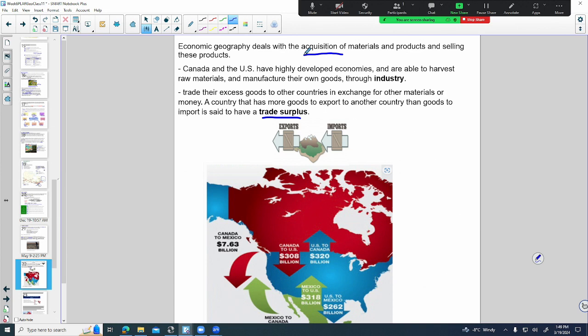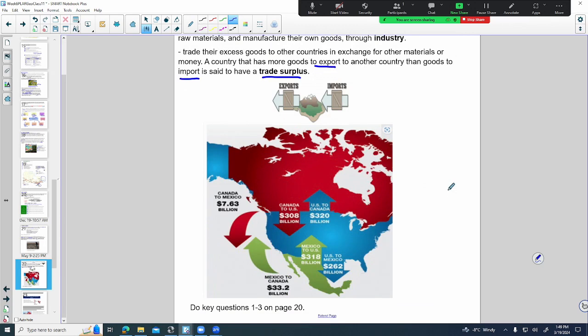So if you have a country that has more goods to export, or to go out of the country, than goods that are imported, so stuff that's coming into the country, then that country is said to have a trade surplus. So here's an example.